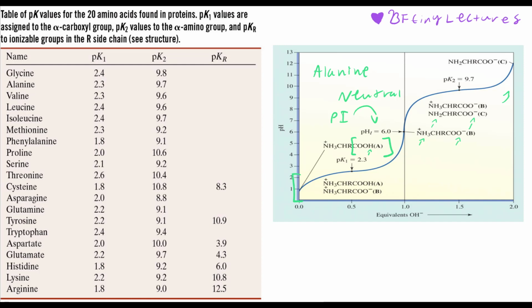So if you notice something, there's a flat part right here, right? And then there's a flat part right here. And essentially that region is called the buffer capacity. What? It's like everything I say builds up on each other. How wacky and weird.